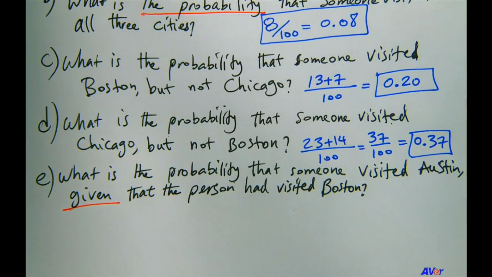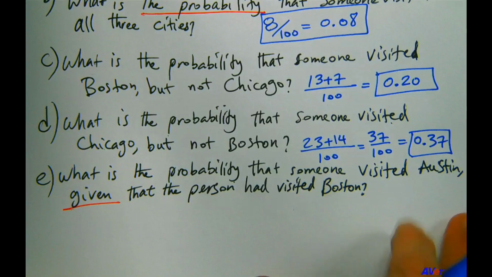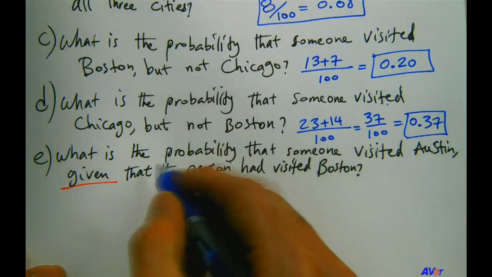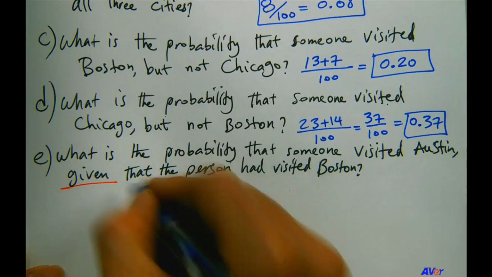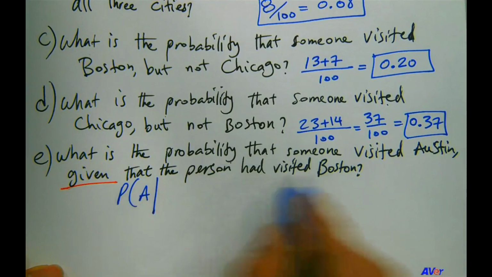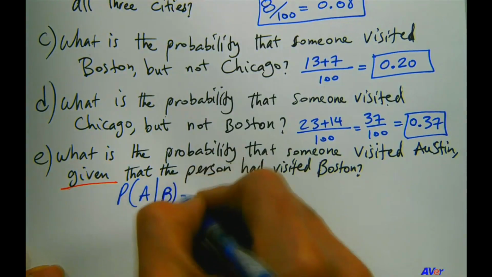Okay, so let's translate this into symbolic form before we look up the probability values. What's the probability that somebody visited Austin, given that the person visited Boston, okay?